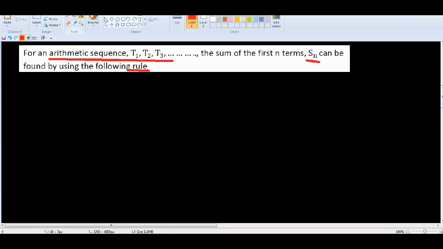Consider one particular AS, the very common one, S100. The sequence is the most common arithmetic sequence: 1, 2, 3, 4, 5. So 1 plus 2 plus 3 plus 4, every time increasing by 1.